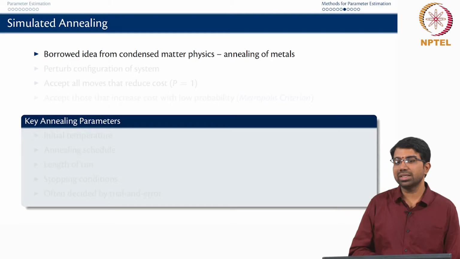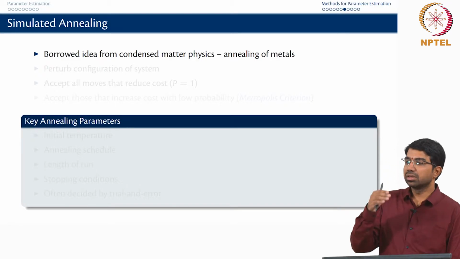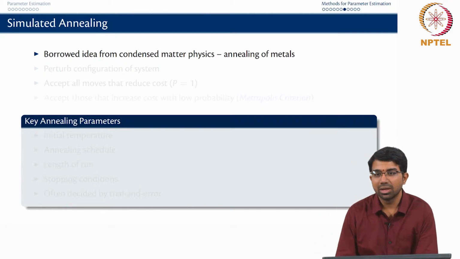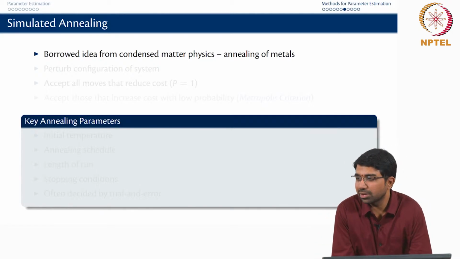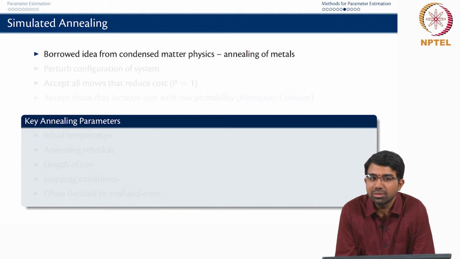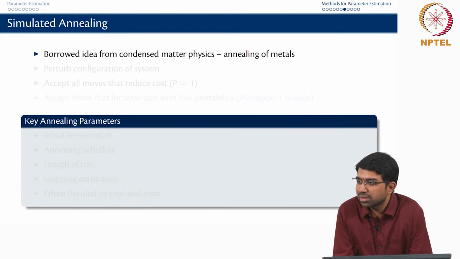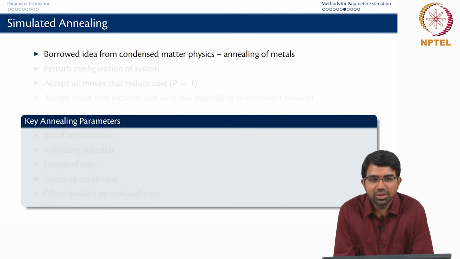The key idea in simulated annealing was this: what happens to the molecules in the metal? They have a lot of kinetic energy, right. They are really jumping around at the initial high temperature, but as you start cooling the system, the molecules kind of settle down. The same idea is used here.